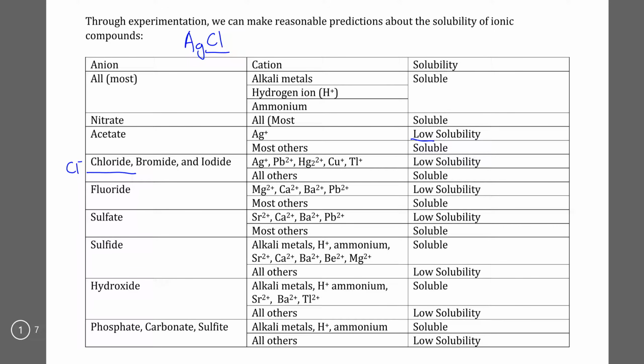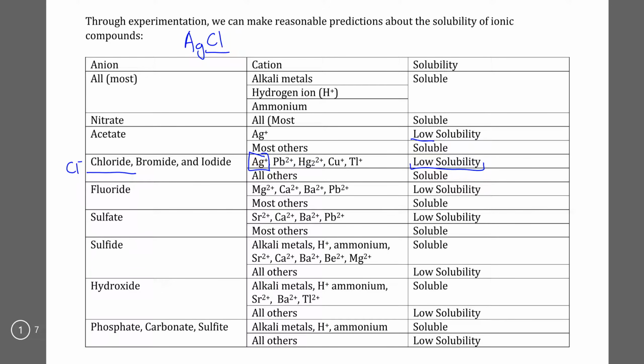Now, if we look here, we see from this solubility table, determined experimentally, that several metal ions, cations, when paired with chlorine, produce precipitates that don't dissolve completely in water, and chief among those is silver.